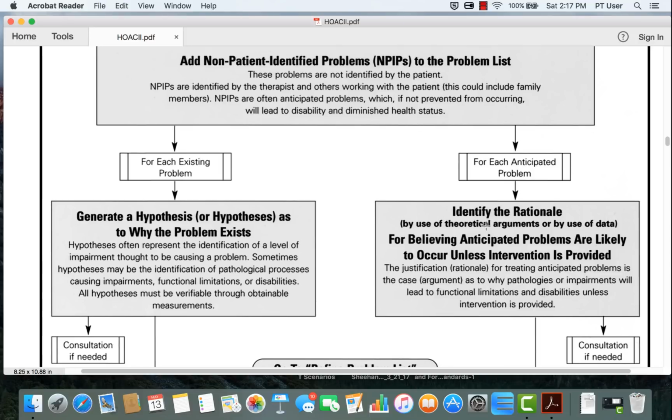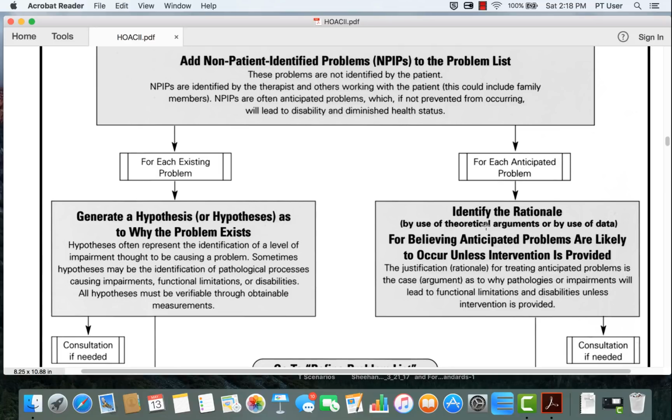The reality is, or more realistic, it's you, the therapist, that's likely going to identify an anticipated problem, what they are at risk for in the future. Most patients come in to see you because they have a problem now, something existing. They're focused on that and less so about the future. Okay. But still, whether it's PIP generated or MPIP generated, we need to look at the anticipated problem. And so we develop a rationale.